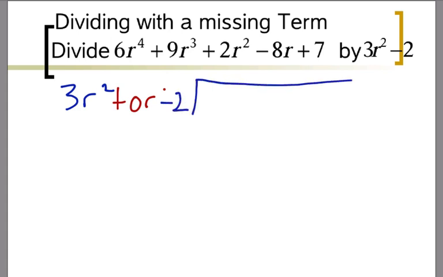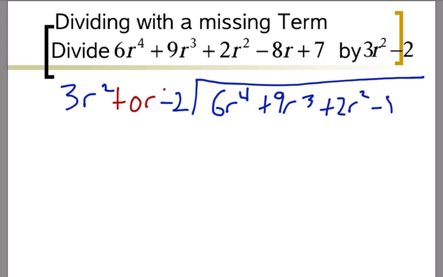And then on the inside is my 6r to the fourth plus 9r to the third plus 2r squared minus 8r plus 7.